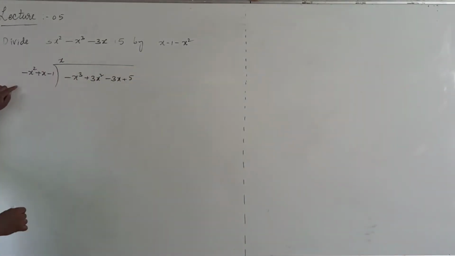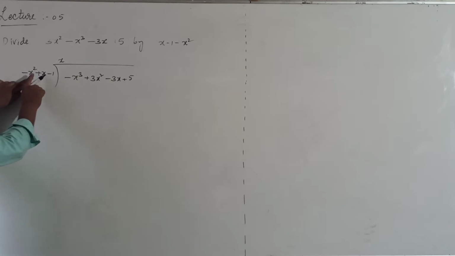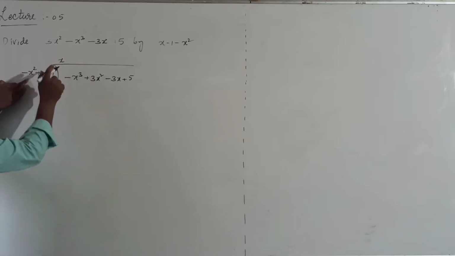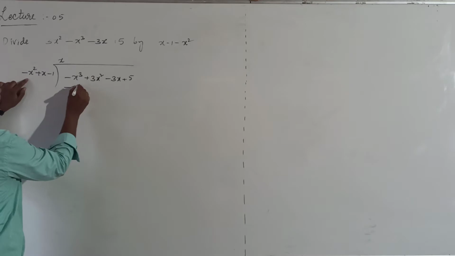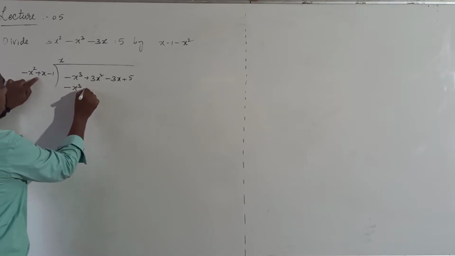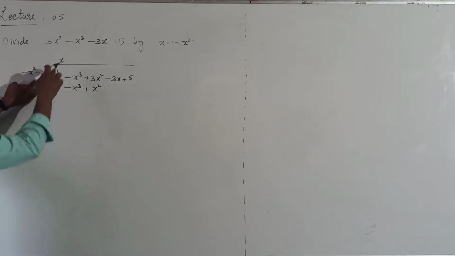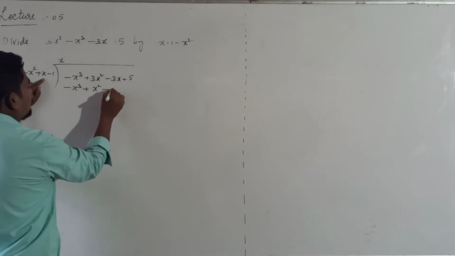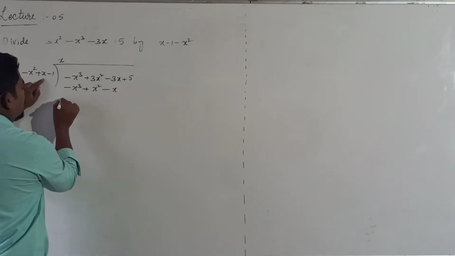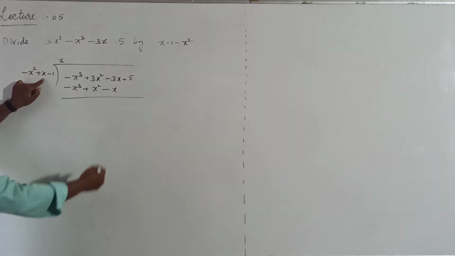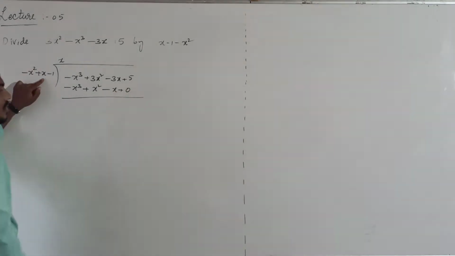Clearly x. Now multiply every term of the divisor by x, then it will be minus x cube plus x square, minus x. Just multiplication. The whole thing divided by nothing means take 0.